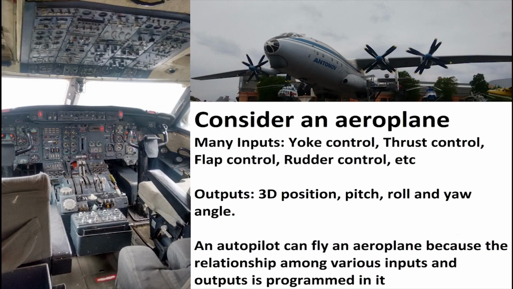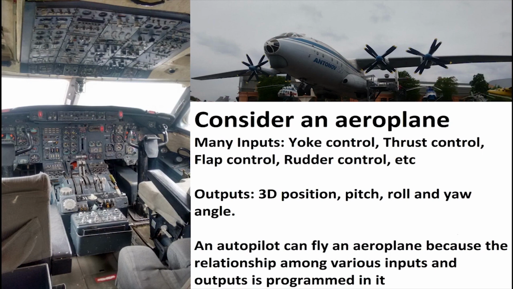And what is the output? Output is the 3D position of this aircraft in the air. So both the number of inputs is more than one and the number of outputs is also more than one. And the relation between the input and output is more complex than a train.